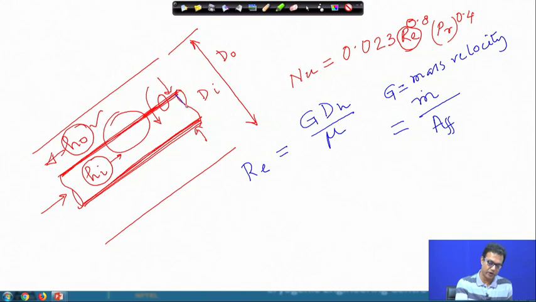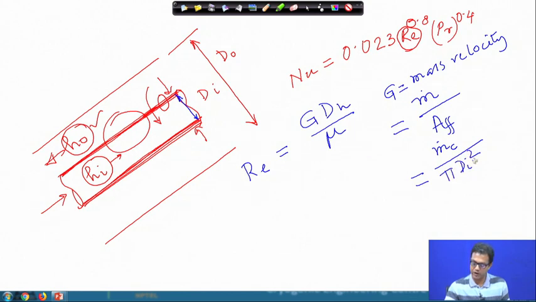This is the free flow area, or pi d square by 4. So, G is m dot C, the cold fluid mass flow rate, divided by pi d I square by 4. So, this is nothing but 4 m dot of the cold fluid divided by pi d I square.